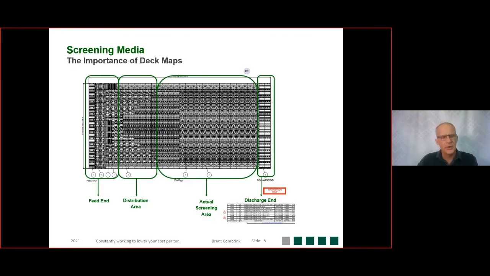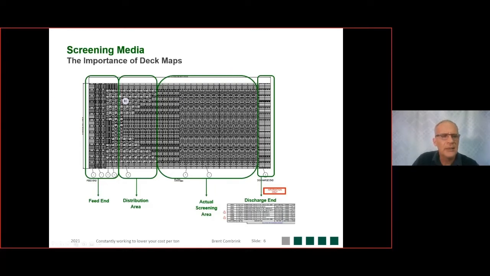Okay, now to screen decks. Just to show you what our guys or our team in Australia is doing. I think it's a slightly different ball game down under. Some of those plants treat very high tonnages, and what our teams had to do over there is to give the guys a solution to extend the life of their panels.